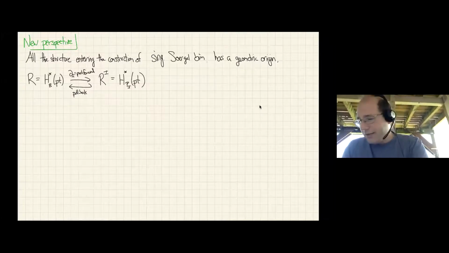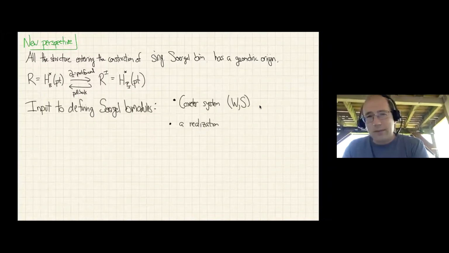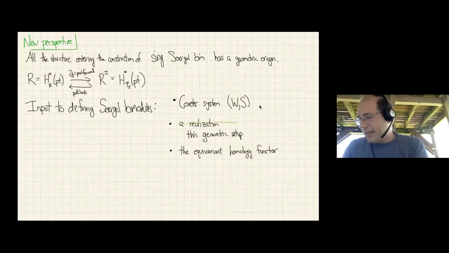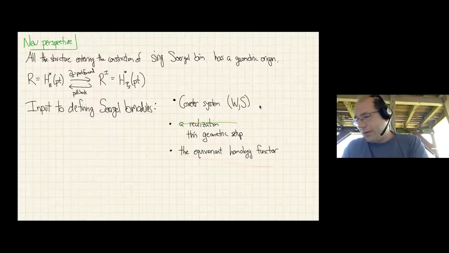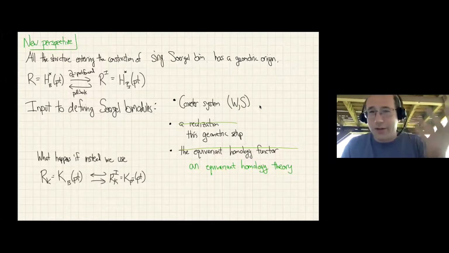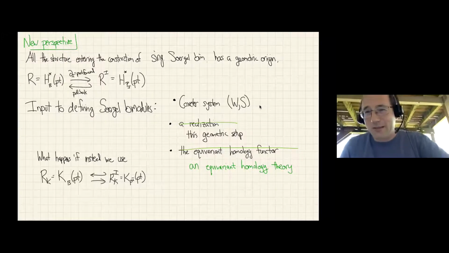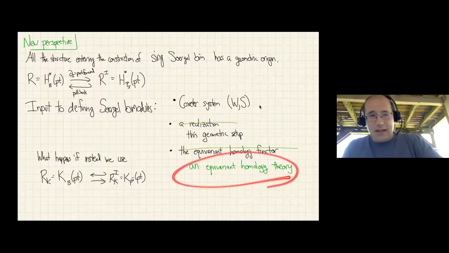So instead of saying that the input to defining Soergel bimodules is a Coxeter system and a realization, in the cases where this comes from geometry, I could say that the input is a Coxeter system, a particular geometric setup, and the ability to take equivariant cohomology. So the new perspective is, what if you instead use some other equivariant generalized cohomology theory?